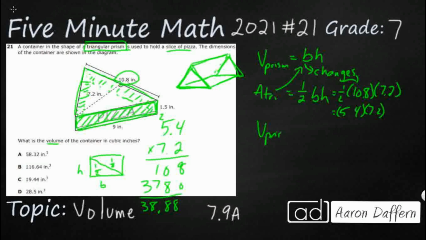All right, so my base, let's go back to my volume one now. Volume of a prism equals the base, 38.88 inches squared, times my height, 1.5.